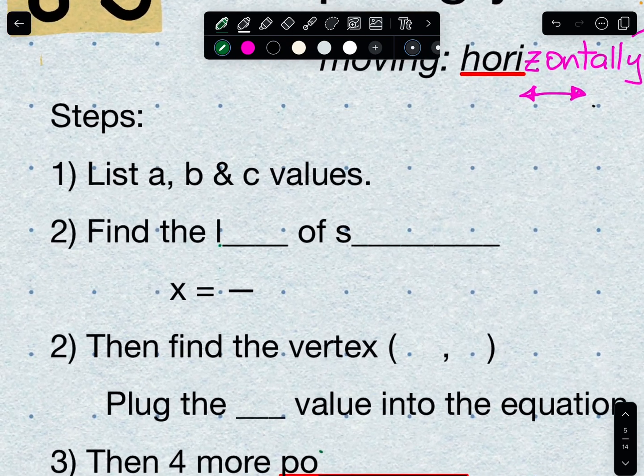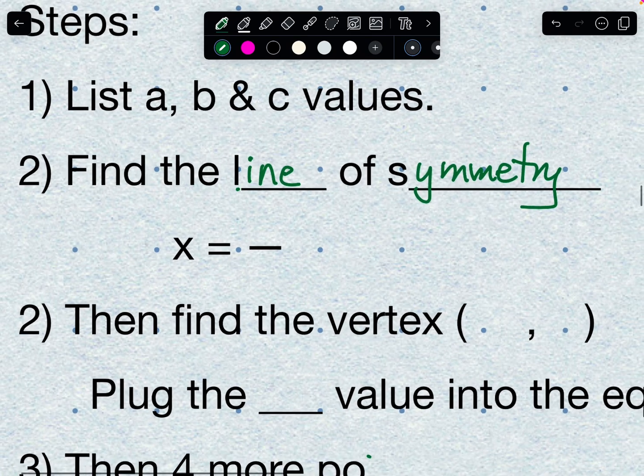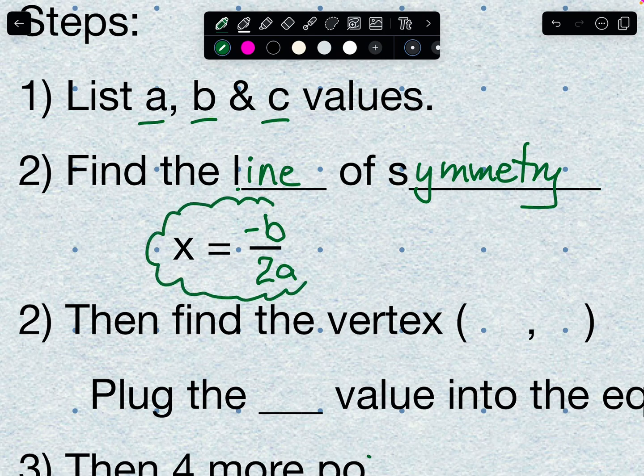So here are our steps for graphing this parabola. Number 1, it's really important that we establish what A, B, and C are in the problem. The next thing we need is, using those values, where is the line that cuts it in half? This is the formula you're going to use: take the opposite of B and divide that by twice A. This is the key to unlocking where the middle, the halfway line, is.